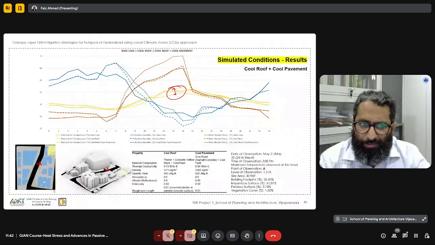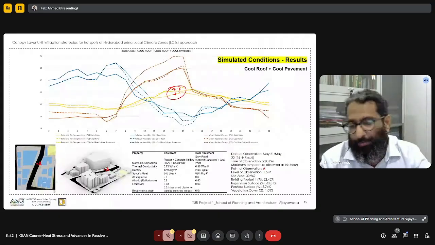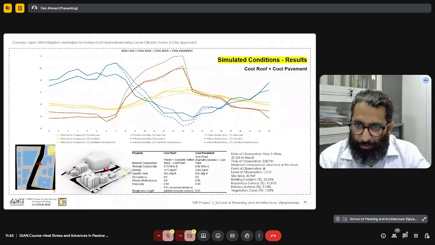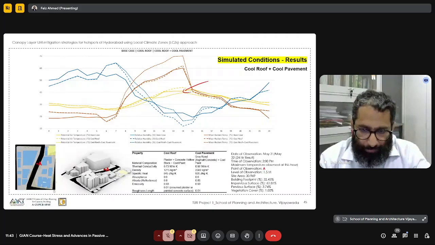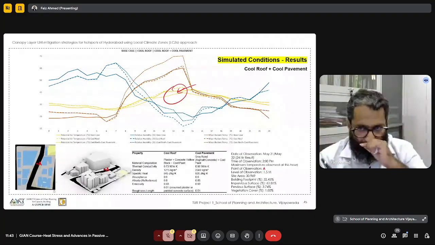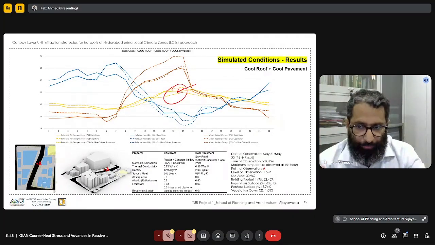But there is a 1 degree difference, which itself is a significant contribution. But we will come to this later. If you go only by this parameter, we may be trapped. We may have wrong conclusions by looking at only this parameter.